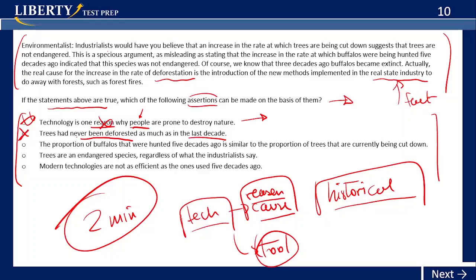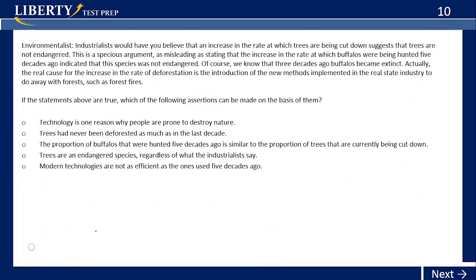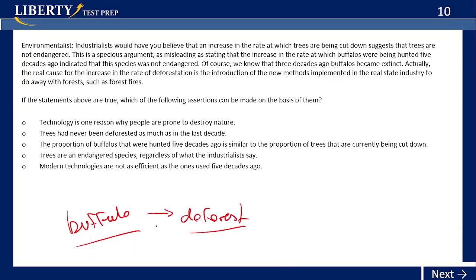Let's see. The proportion of buffaloes that were hunted 5 decades ago is similar to the proportion of trees that are currently being cut down. Now, when they make a comparison here in the statements between the buffalo hunting and the deforestation of trees, they don't say that it's similar because of the number, right? They are not trying to compare the number.